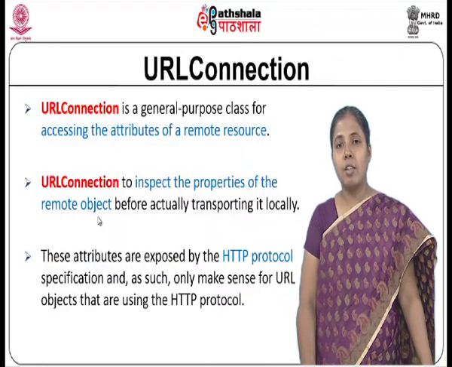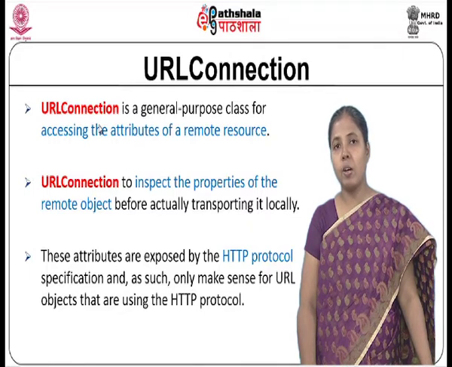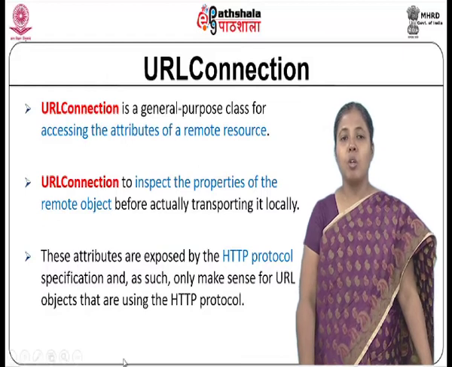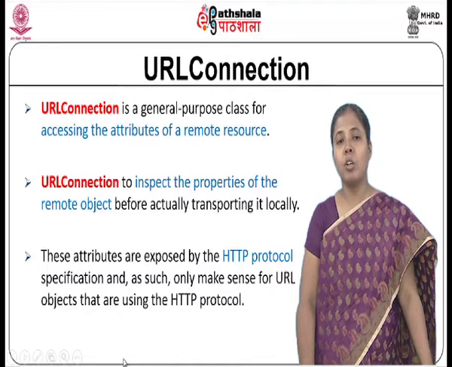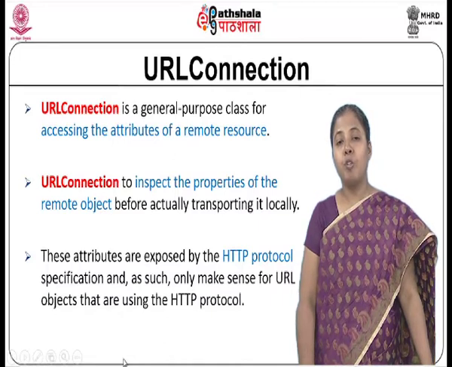Now, let us see there is another class called the URLConnection class. This URLConnection class is a general purpose class for accessing the attributes of a remote resource. So, URL is to access the resource and URLConnection is to access the attributes of a remote resource. This class would also inspect the properties of the remote object before actually transporting it locally.